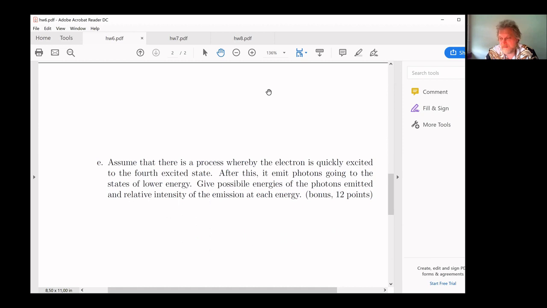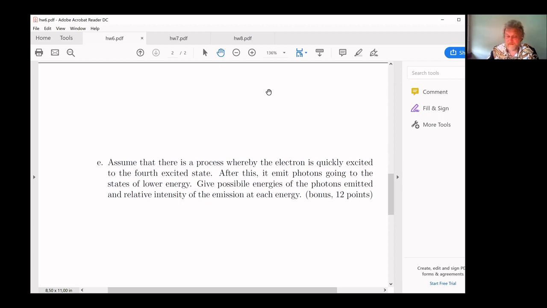Just to complicate the situation a bit, the electron is excited to the fourth excited state, and then it goes first to third, second, first, and it emits photons with different energy.